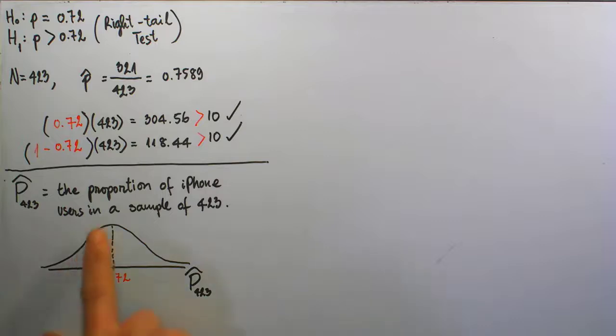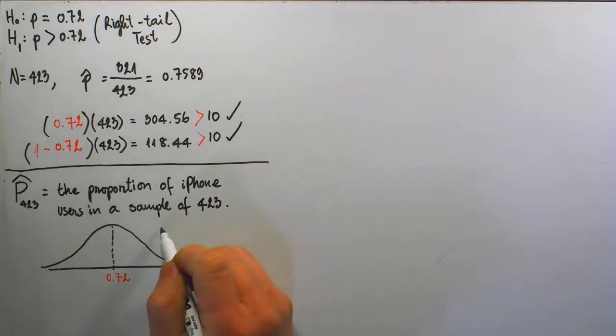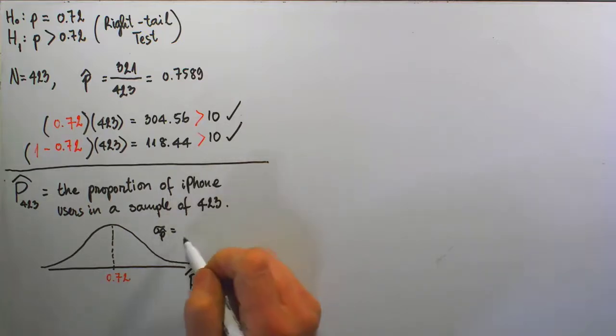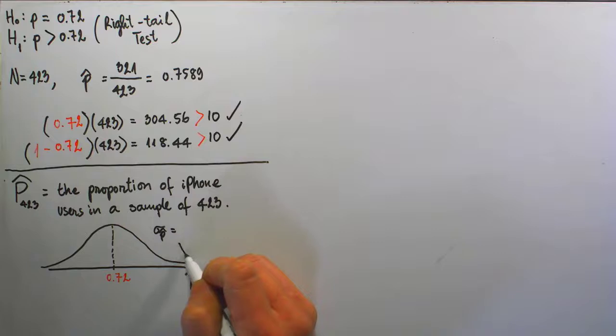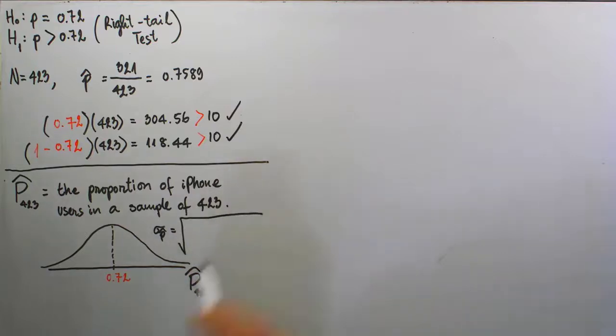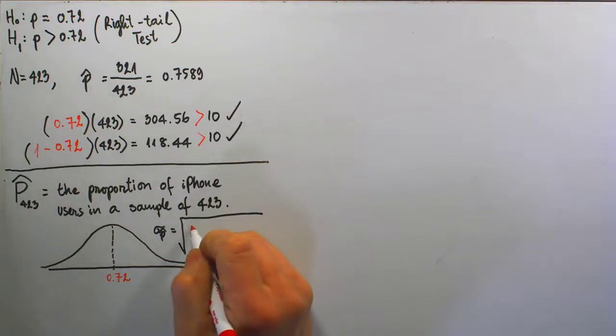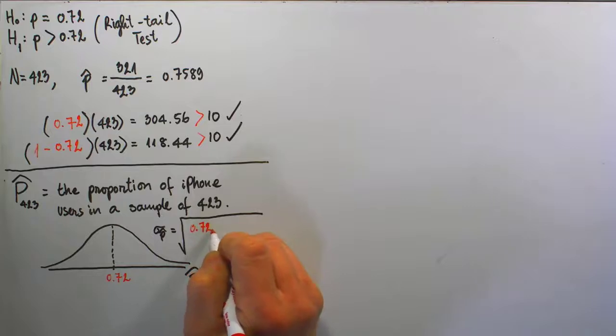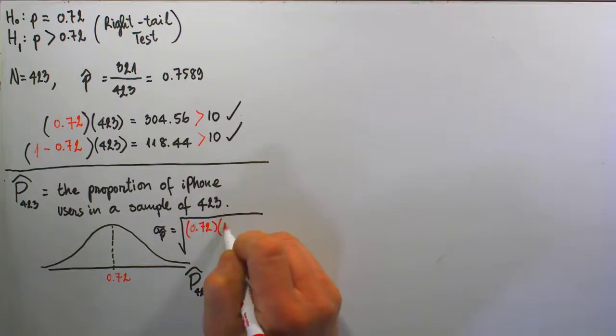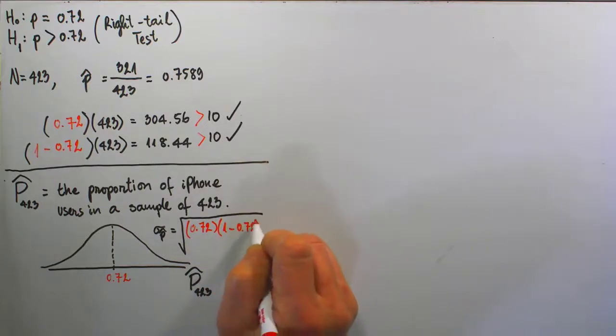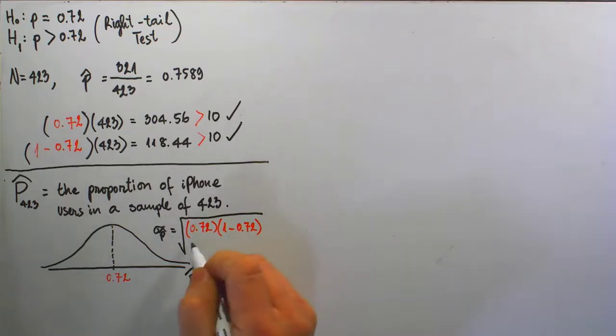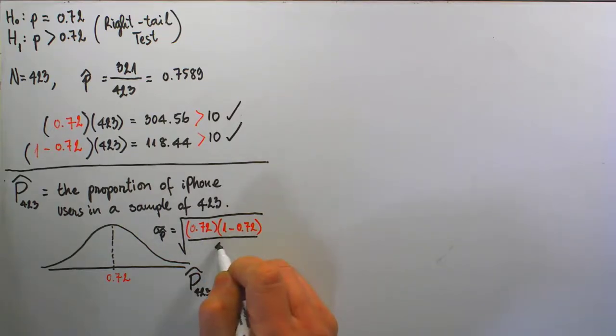The average spread on this bell curve here, symbolically sigma p hat, can be calculated by doing the following. Square root of 0.72 inside the square root times 1 minus 0.72, and we divide that by the sample size 423.